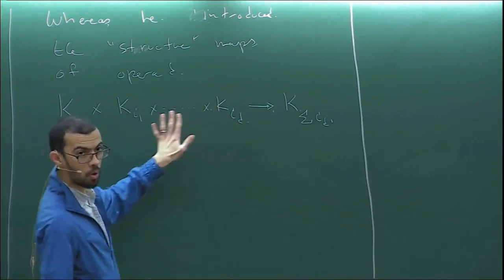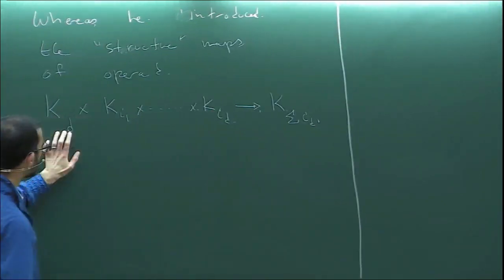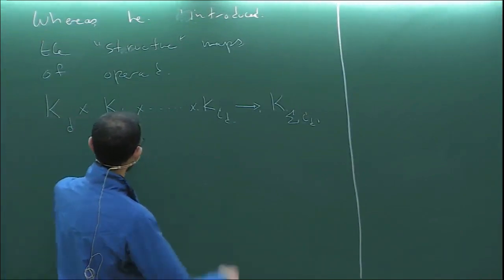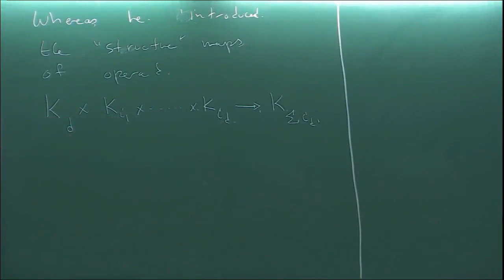Here, there is no additional label. There is a unique such map for every choice of D and every choice of I1 through ID. So that's the first thing.